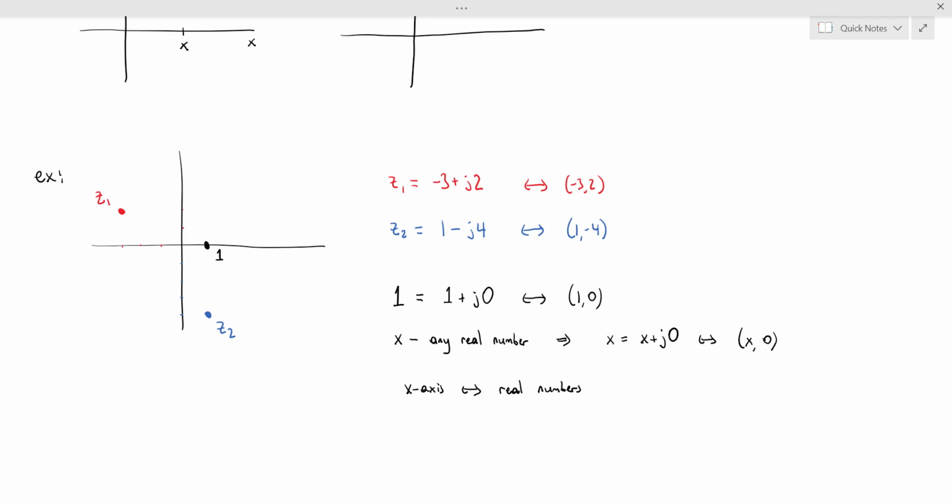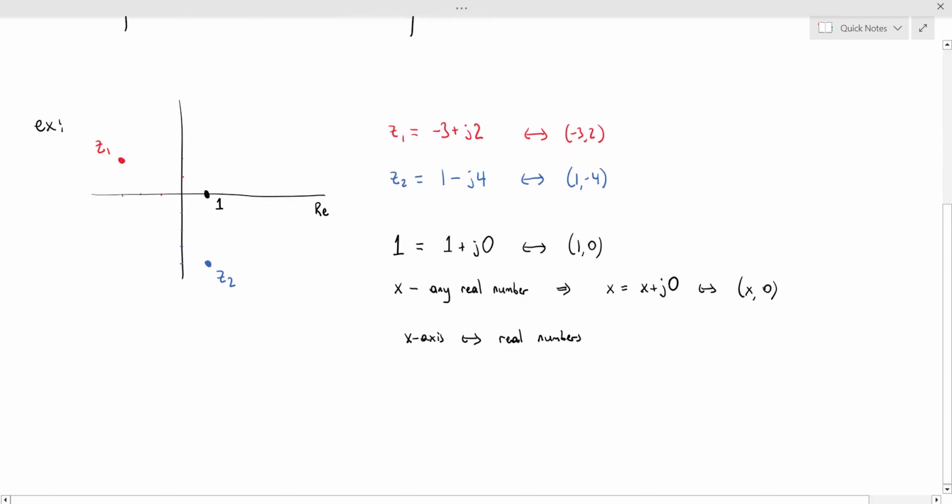And hence, people typically refer to the x-axis as the real axis, and they'll usually label it as Re or something like that. As for the y-axis, that's going to correspond to imaginary numbers. For example, we can think of j as being 0 plus j times 1. So j would correspond to the point 0, 1, which would be located here in the picture. That point represents j.